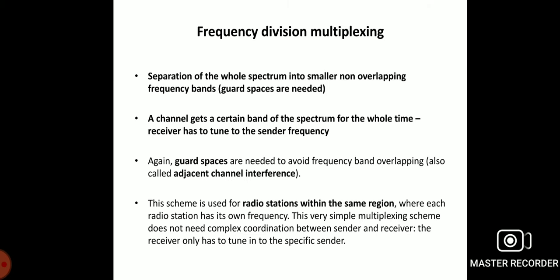The entire allowed radio spectrum is divided into many slices of frequency band, and each band or channel is allocated to each user. The allocation of the radio channels can be done on a demand basis.